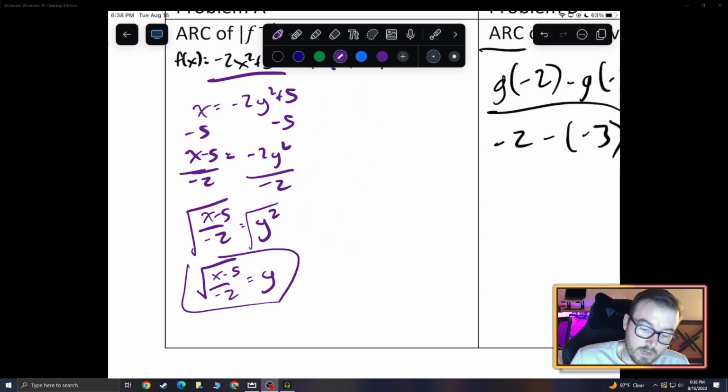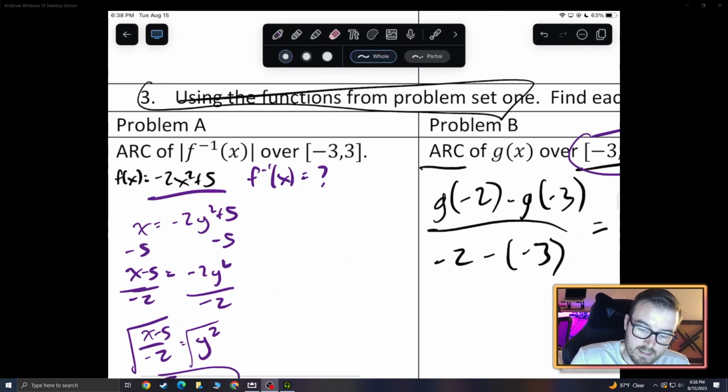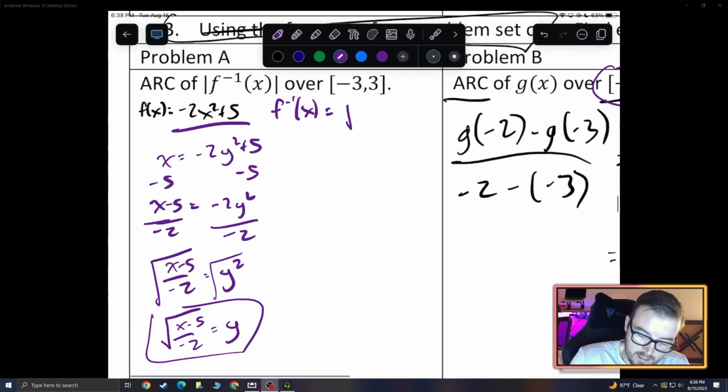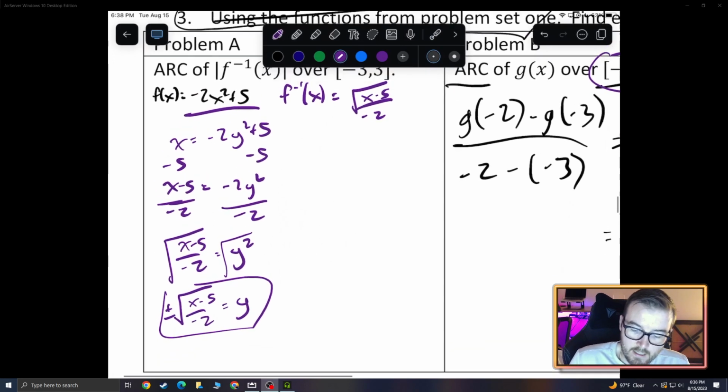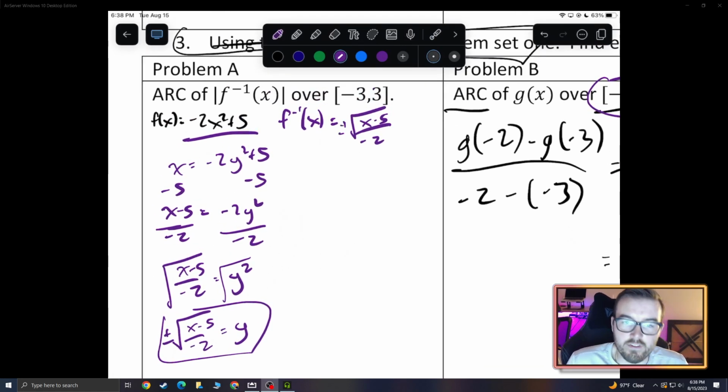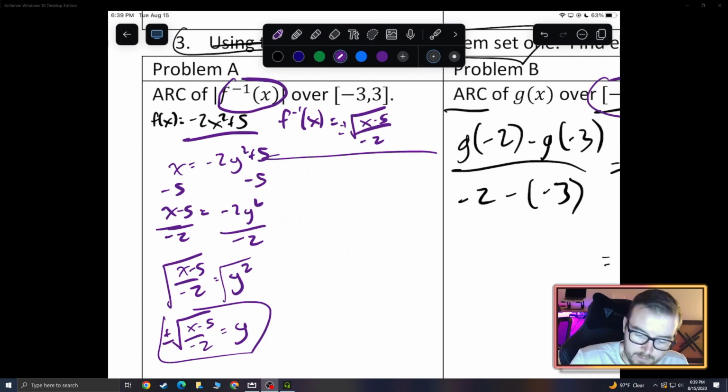And this right here is the inverse function, technically plus or minus. That is f inverse of x. I encourage you to rewind, run that back if you need to. But when we're talking about f inverse of x here, this is the function that we're talking about.